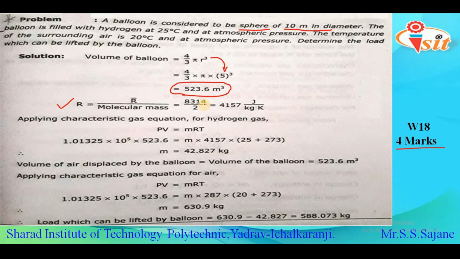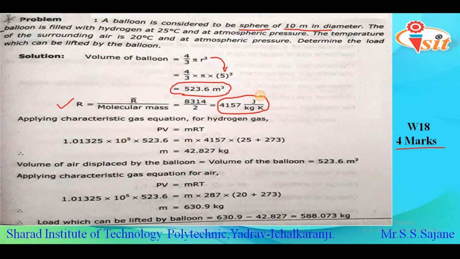Here we have taken the value of the universal gas constant in joules and not in kilojoules. Thus we have written 8314 divided by the molecular mass of hydrogen gas, which is equal to 2. So this will come out to be 4157 joule per kg Kelvin.